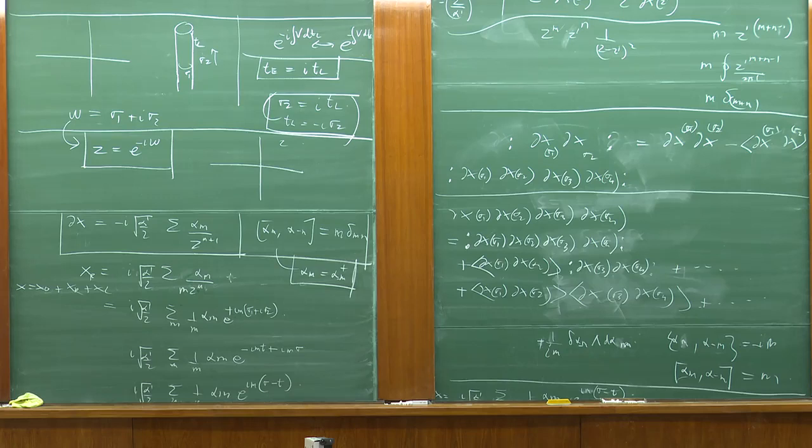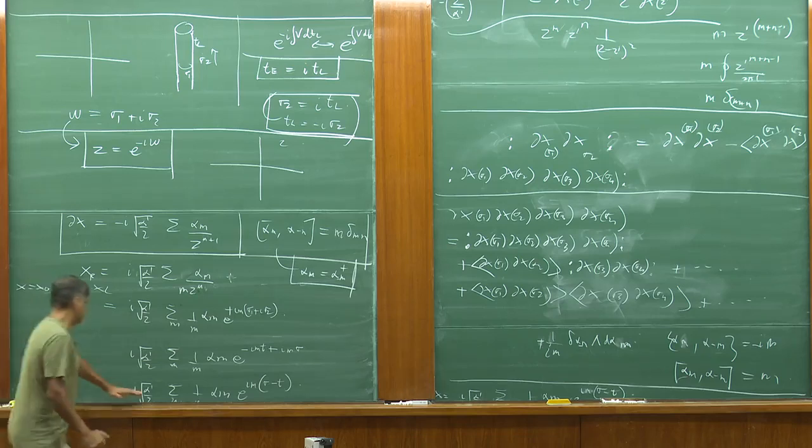So let's look at an example. In the path integral, we want to put the normal order instead of the non-normal order, because the non-normal order will always give us infinity. We want something that will give us a finite number. Okay? So let's look at an example.